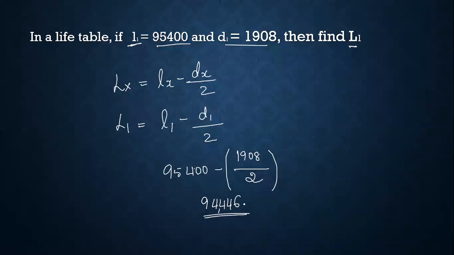Yes. Okay. What you have to do first? You have to divide 1,908 by 2 and then subtract it from 95,400. So we have found L1, that is the number of years that has been lived in aggregate by a cohort between x and x plus 1.